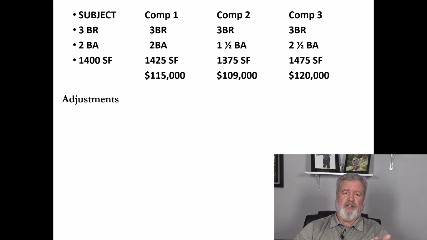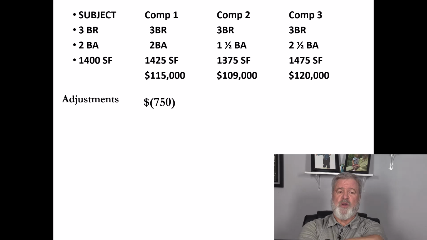Well, obviously, comp 1 has more square footage than the subject, so we must subtract. So the first adjustment we're going to make is a subtraction of $750. That's the first adjustment. Well, since we're dealing with square footage, let's just stick with the square footage.